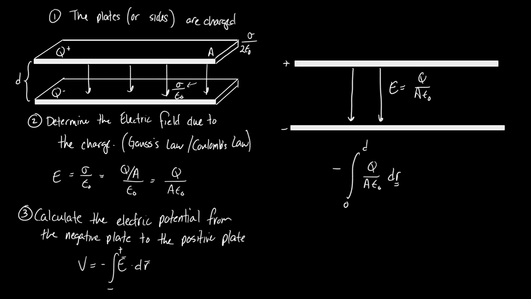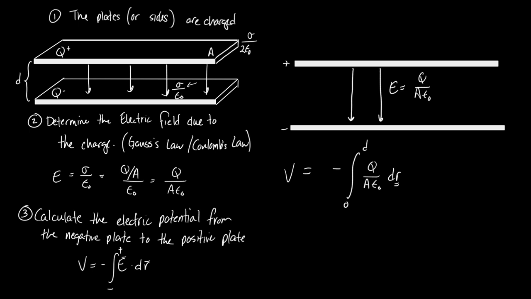Now, the truth is, we don't have to go from the negative plate to the positive plate. I could just say at the end of this, make sure you take the absolute value of the electric potential. We just need to know what the electric potential is between the two parts of your capacitor. But by going from the negative plate to the positive plate, you guarantee a positive answer. Does that make sense? All right. Either way, that's what we're going to do. Now, again, you have to guarantee a positive answer.